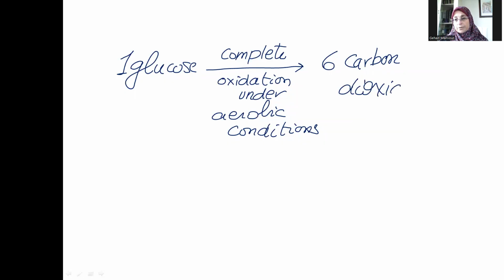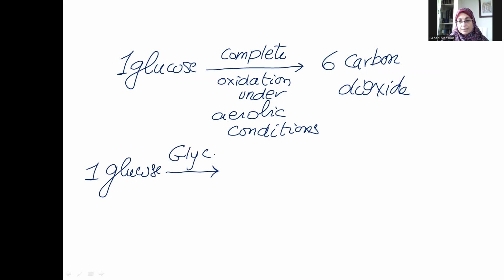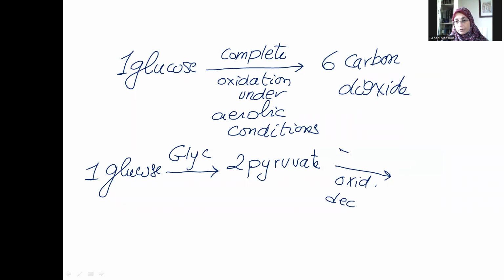How did we obtain them? We have 1 glucose, and that glucose through glycolysis will produce 2 pyruvate molecules. The 2 pyruvate molecules through oxidative decarboxylation, as they are entering the mitochondrion, will lose 2 carbon dioxide, okay? And then they will join Krebs cycle.